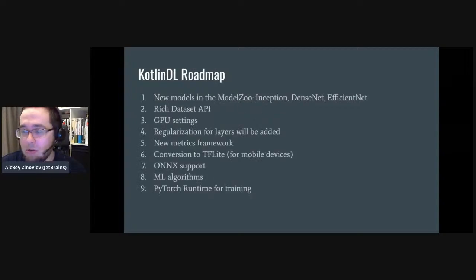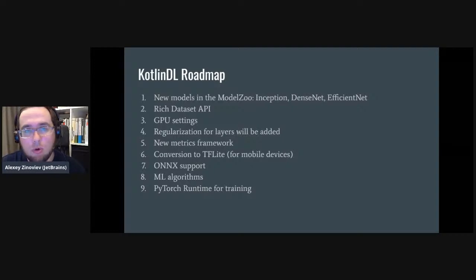So, the KotlinDL roadmap. I highlighted a few moments from this, but I especially need to say that in the following releases, we will add new models to the model zoo: Inception, a very famous model; DenseNet, not so famous; EfficientNet, and maybe, if the Keras framework provides in applications EfficientNet version 2, or maybe new NFNets without batch normalization, we will add these models to our model zoo too.